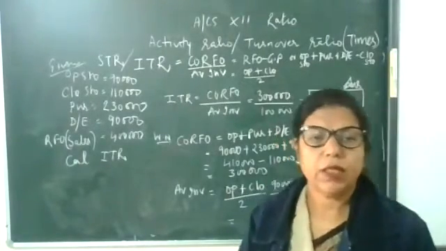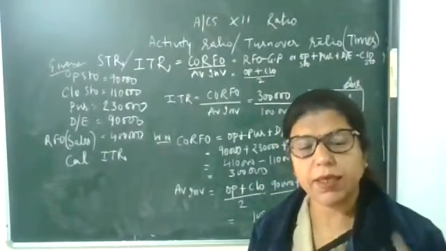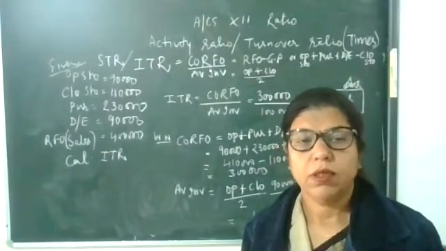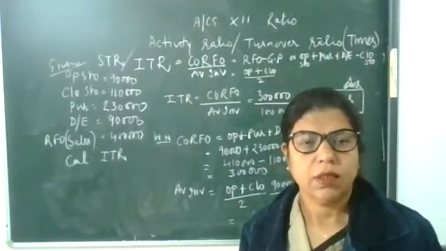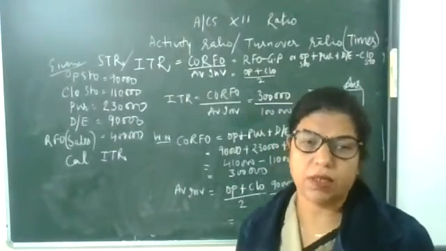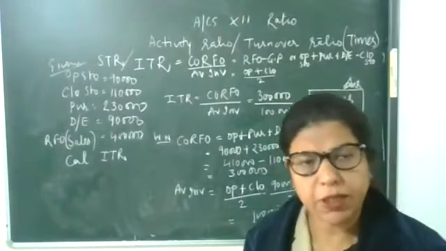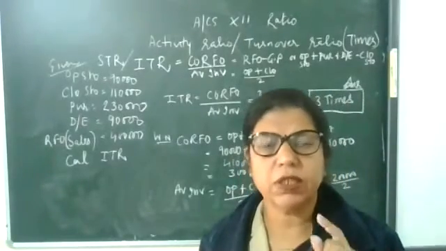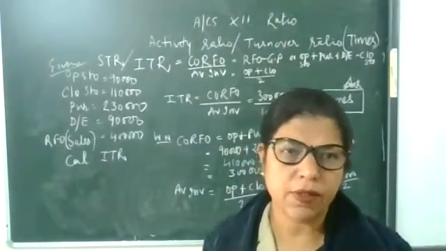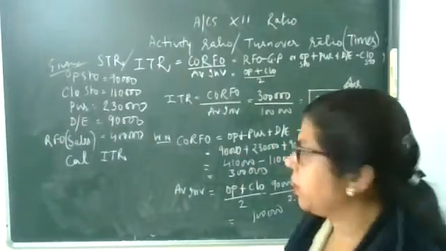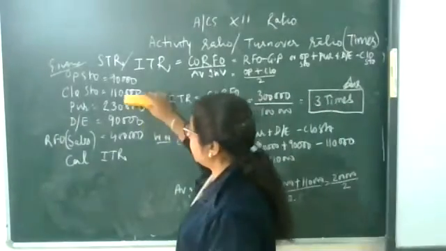Now we will start the second question. The second question is a little bit different, and this question came in the 2017 CBSE paper. So see what things have changed.